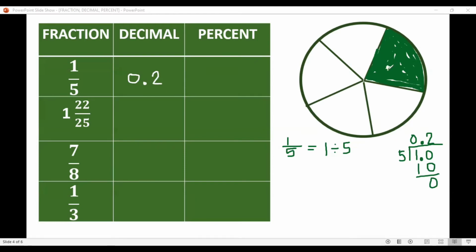Now, how about in percent? Remember, this is per 100. If you look at this fraction, we have 1, 2, 3, 4, 5 parts, and it's supposed to be with the base of 100.